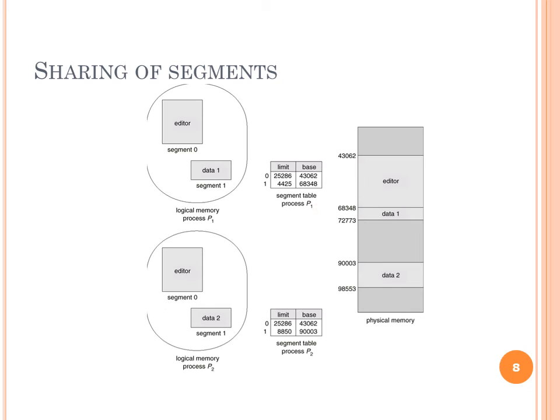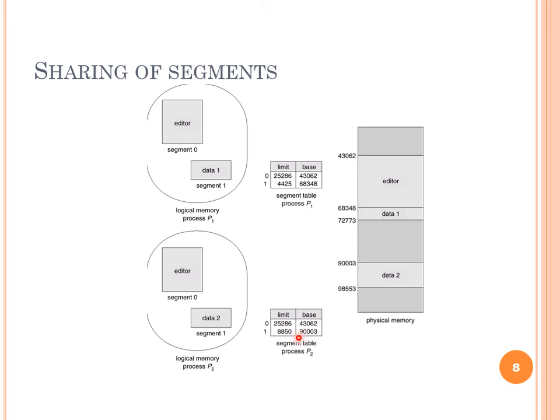Now similarly for process P2, as the editor is shared, the same segment values are considered here, that is the base address is 43,062 and the limit is 25,286, which gives an ending address of 68,348. Then the data for the second process is stored at 90,003 and the length of this data is 8,850.